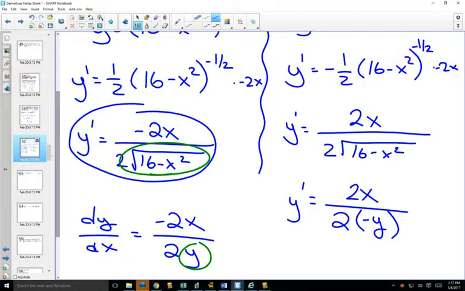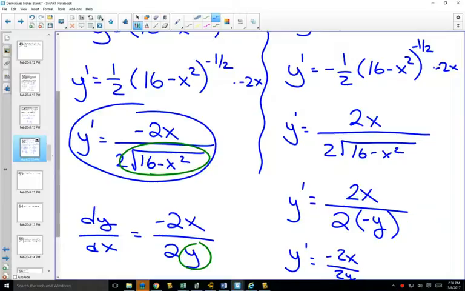And sure enough, if you move that negative to the top, this is exactly the same. So even though we'd have two different functions we'd have to do the derivative of, because solving for y gave us two different equations, we get the same pattern with both of those. That the derivative of this one will be negative 2x over 2 times whatever y is.